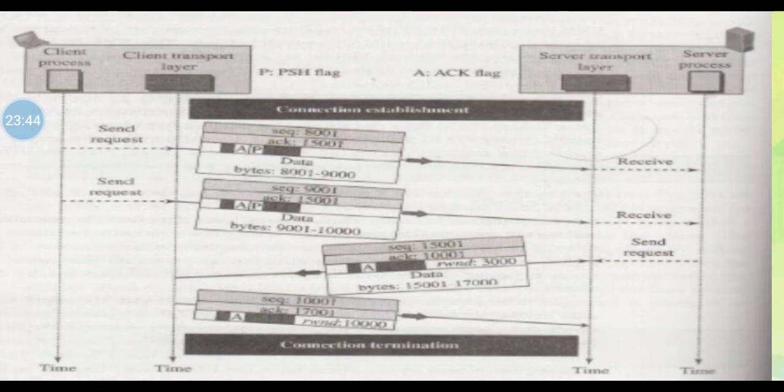The client sends one more segment. You can see here 8001 to 9000, then 9001 to 10,000. But from the server it is 15,000 to 17,000, so 2000 in one segment. Again here it is only one.